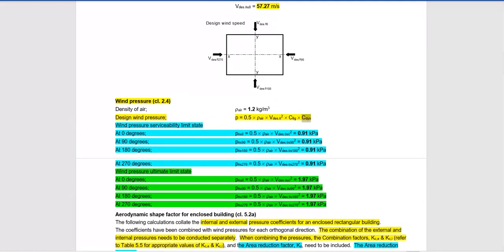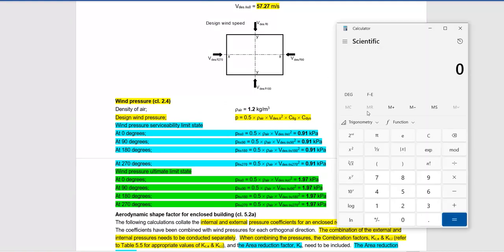If you go to your calculator, to prove how to get this value, let me open my calculator here.